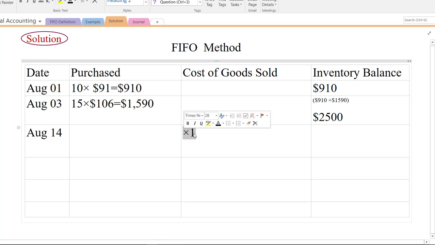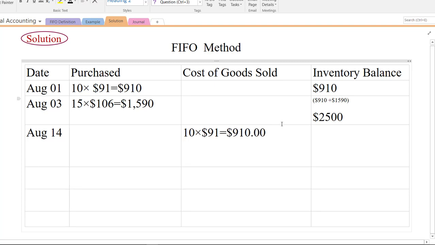Do not forget, when we are using the method of FIFO, we have to write it that we are using the method of FIFO. So how many units do we take from the first inventory? 10 units, right? This is the oldest cost. So 10 multiplied by 91 US dollars. Now 10 multiplied by 91 US dollars is equal to how much? That's equal to 910, as you already know, right?